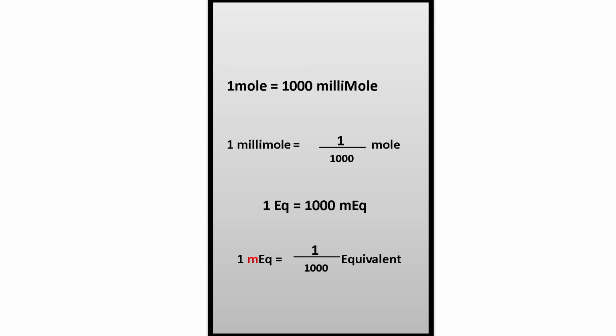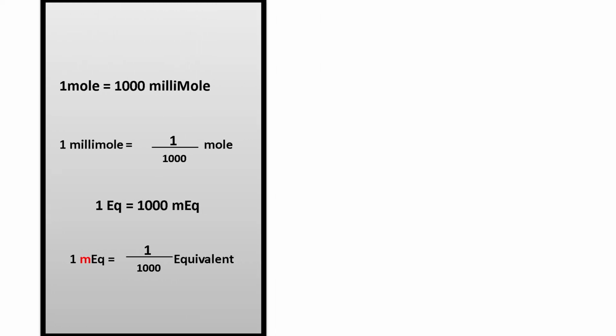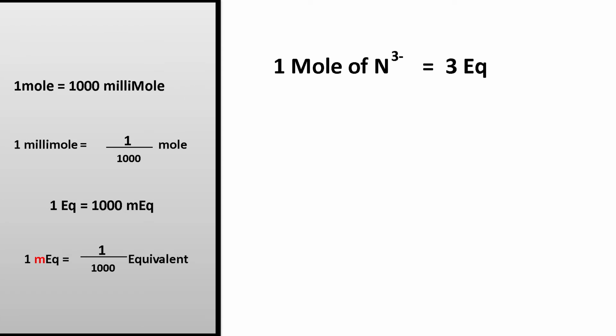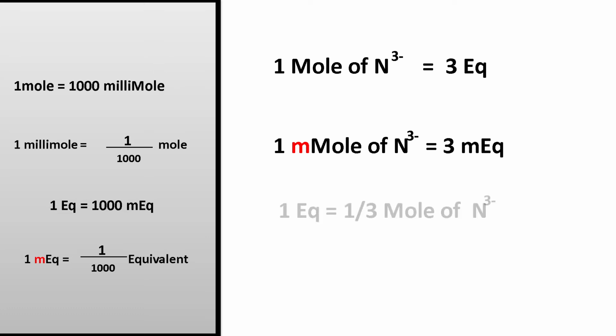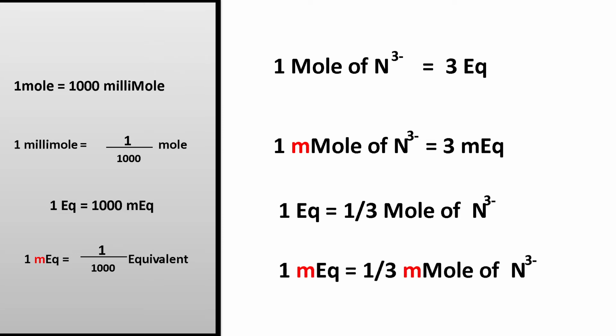Therefore, 1 milliequivalent is equal to 1000th of an equivalent. 1 mole of nitrogen is equal to 3 equivalents. We can also say 1 millimole of nitrogen is equal to 3 milliequivalents. Similarly, 1 equivalent is equal to 1/3 mole of nitrogen ion. Therefore, 1 milliequivalent is equal to 1/3 millimole of nitrogen ion.